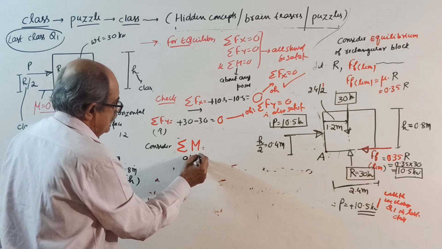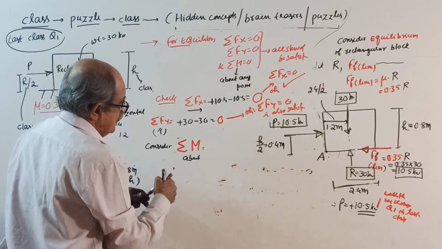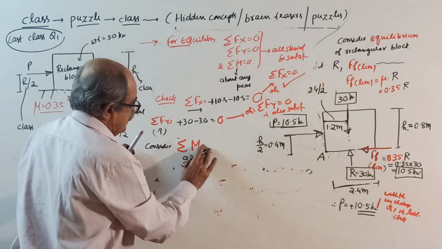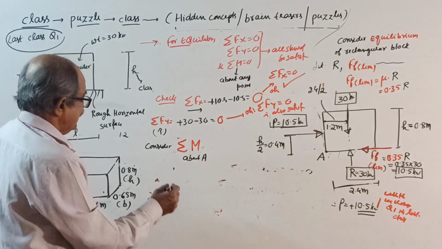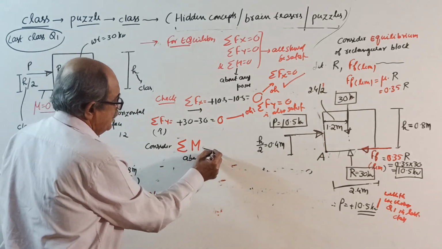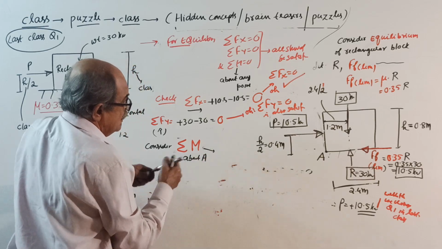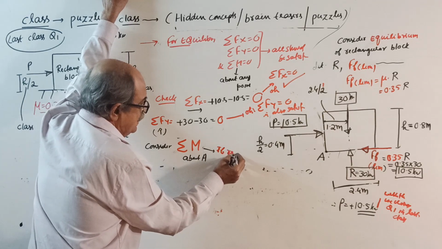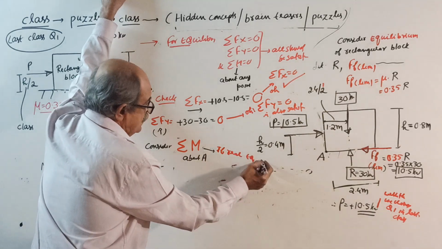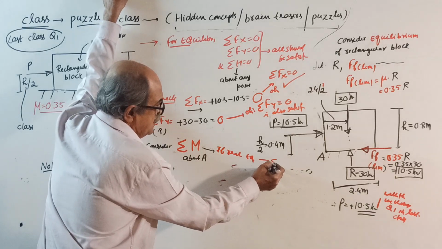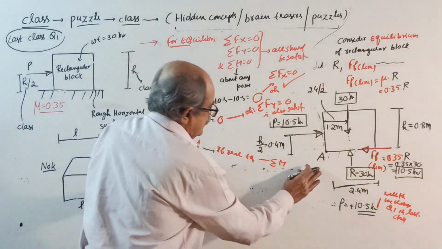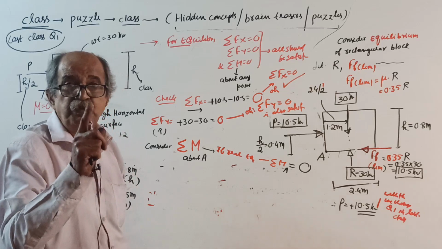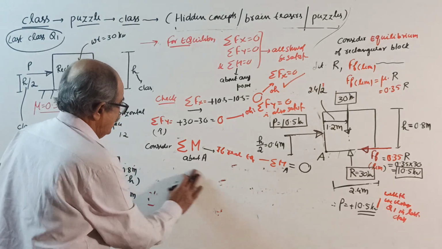If it is really in equilibrium, sigma m about A should be 0. Let us check now.